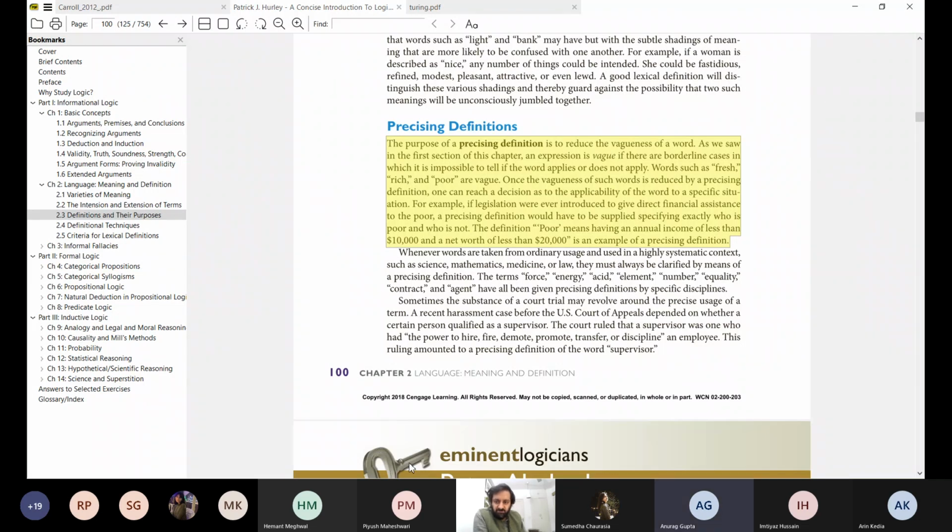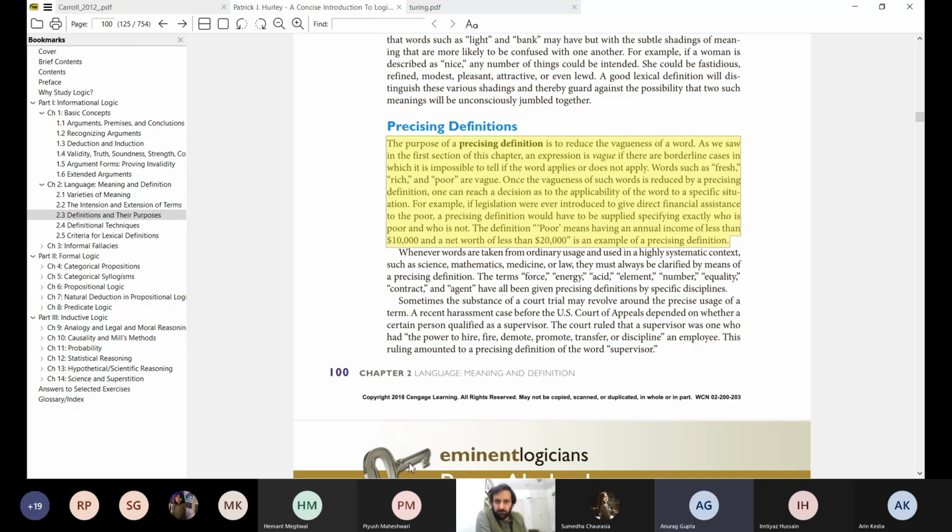The purpose of a precising definition is to reduce the vagueness of a word. As we saw in the first section of this chapter, an expression is vague if there is a borderline case in which it is impossible to tell if the word applies or does not apply. Words such as fresh, rich, and poor are vague. Once the vagueness of such words is reduced by a precising definition, one can reach a decision as to the applicability of the word to a specific situation.